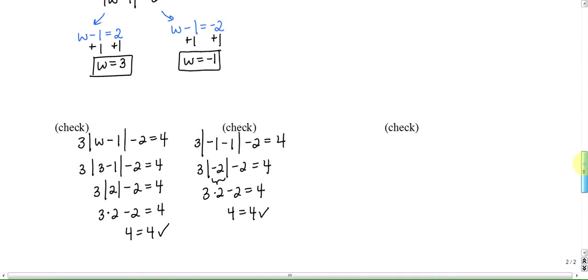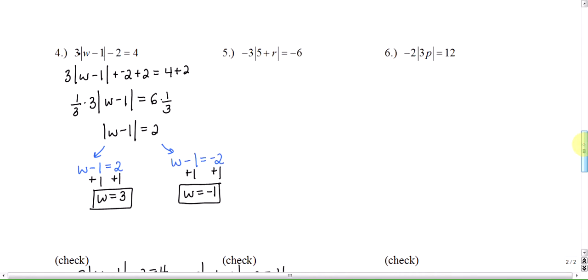Let's go over to the last 2 problems. On number 5, this is negative 3 times the absolute value bars. So I'm going to multiply both sides by negative 1/3. This is an important part of the problem.